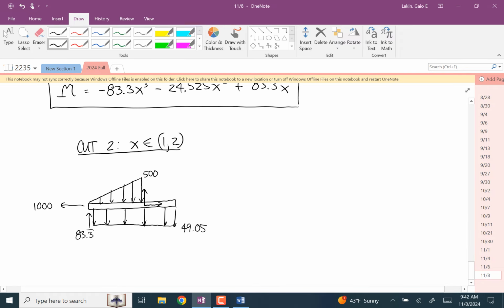With the distributed loads, once we figure out what they are as a function of x, can we just write them down as a point force with that x variable? Yeah, as long as the distributed load continues to your new cut's right endpoint. We're going to see that we don't have that anymore with the triangular distributed load.